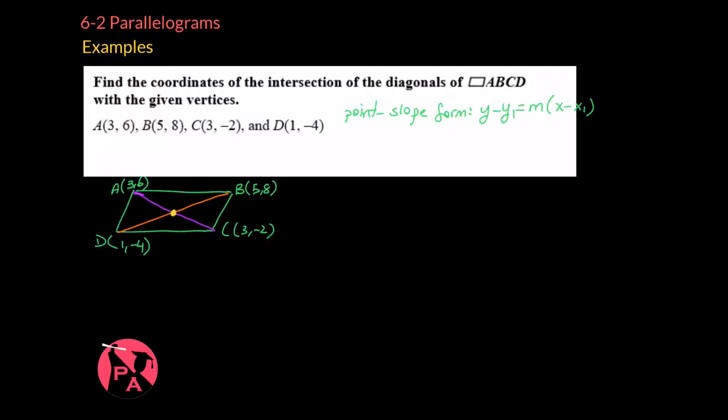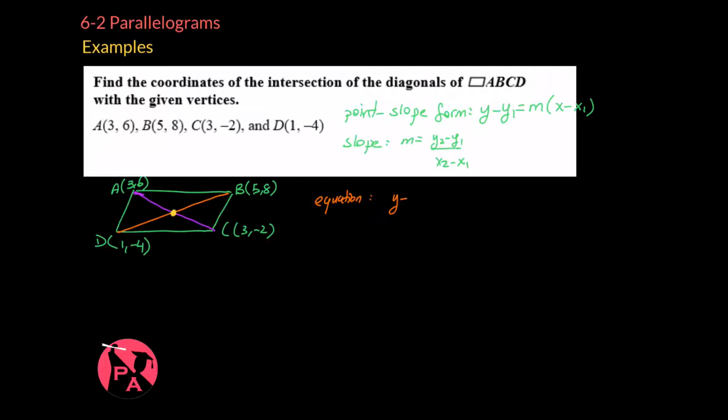And let's remember the slope formula. Sorry about that. The slope formula is m equals y2 minus y1 divided by x2 minus x1. Now we can get started. The orange segment. The equation of the orange segment is going to be y minus y1.